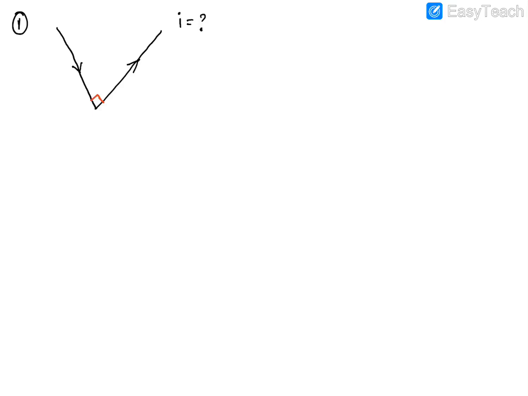First thing, angle of incidence plus angle of reflection is equal to 90 degrees. That is what is given in the question. And I is equal to R. How do we know? Because that's the law of reflection. Correct? So angle of incidence is equal to the angle of reflection.